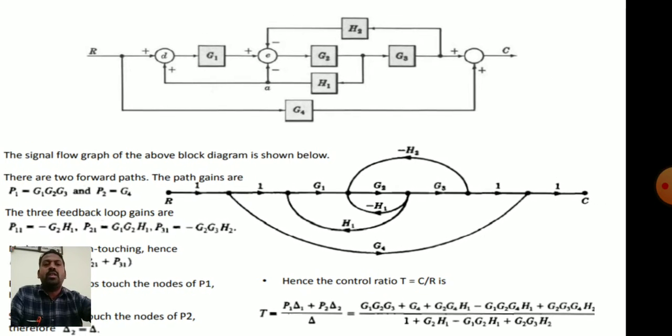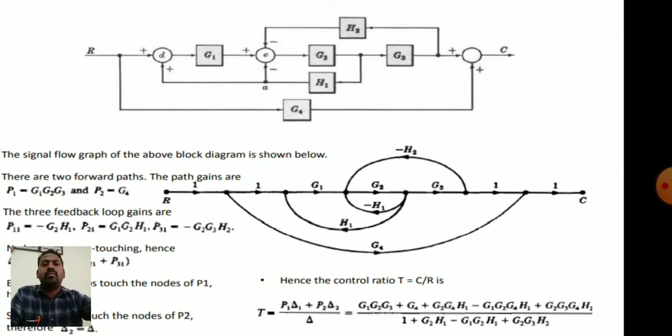You just see here, this is the input R, this is the output C. In between, this is a summing point, this is G1, another summing point, G2, G3, here a summing point, and this is the takeoff point, this is another takeoff point, this is another takeoff point. Here you take the number of nodes. One for input, one for output.